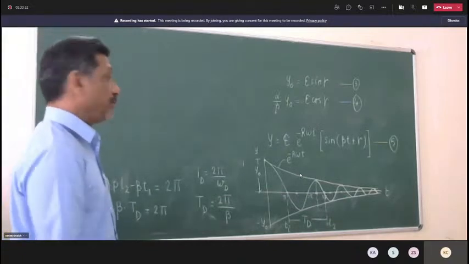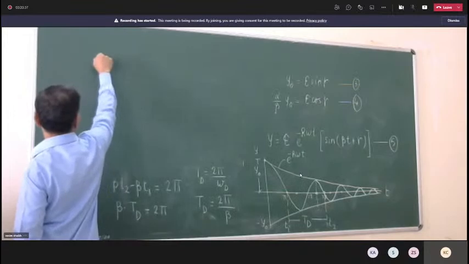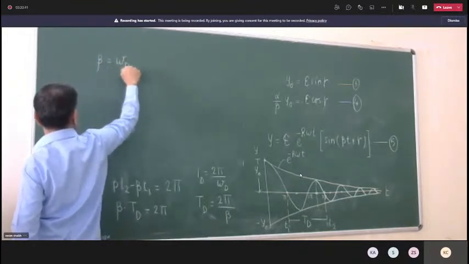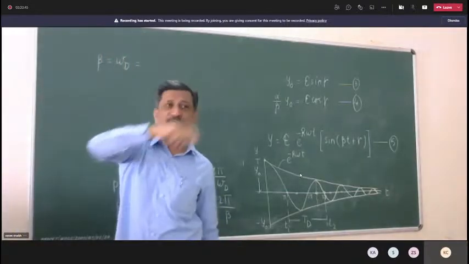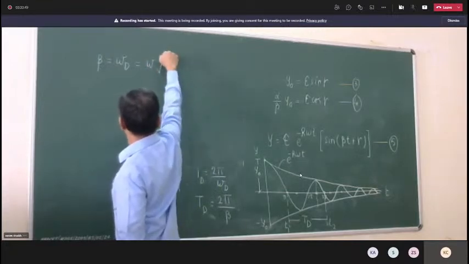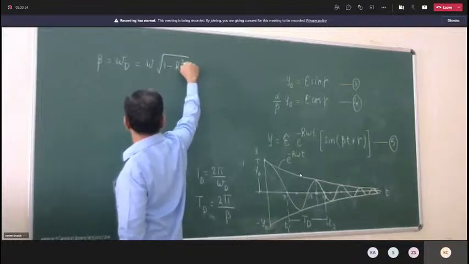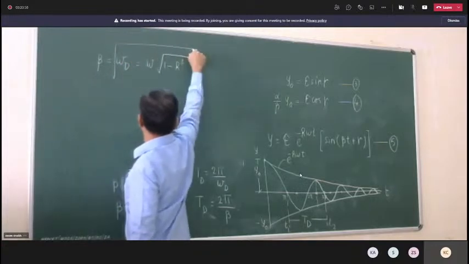Thus, we have proved that beta is equal to omega damped. And we have derived the equation of beta. Simplified, it is omega into under root 1 minus r square. It's a very, very important equation.